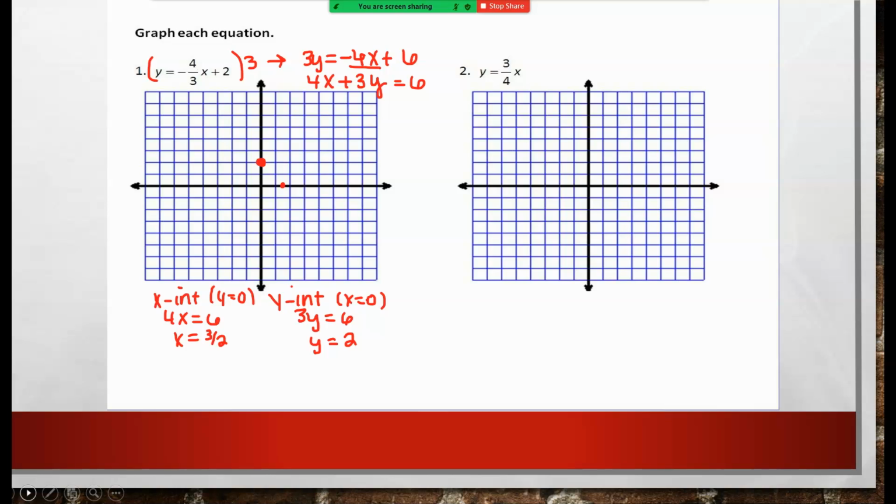But then I added 4 to the other side. So then from there, this goes down 2 and over 1.5, or we can go down 4 and over 3. And we have our line.